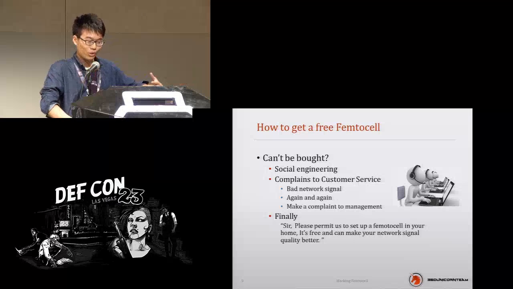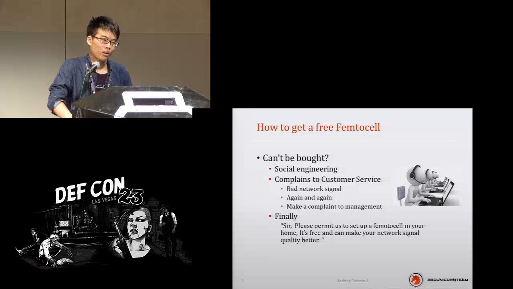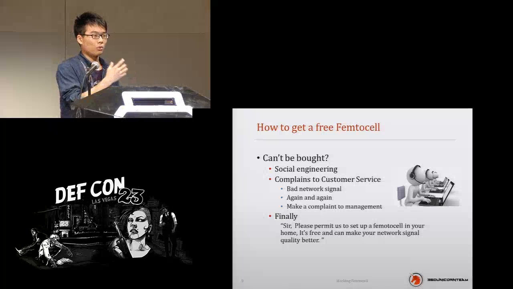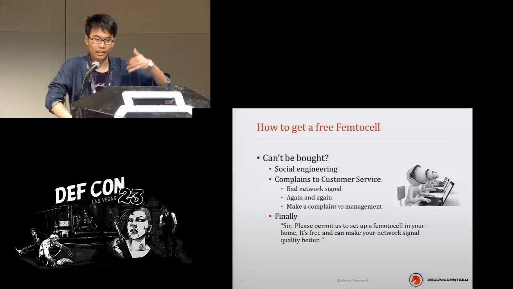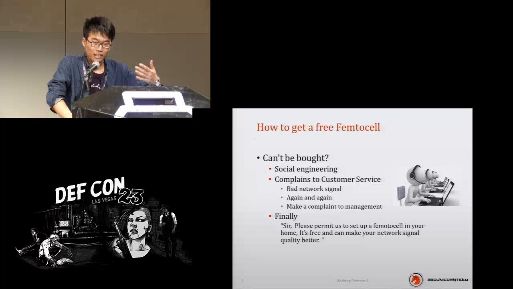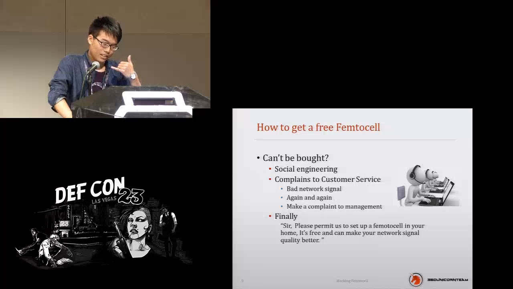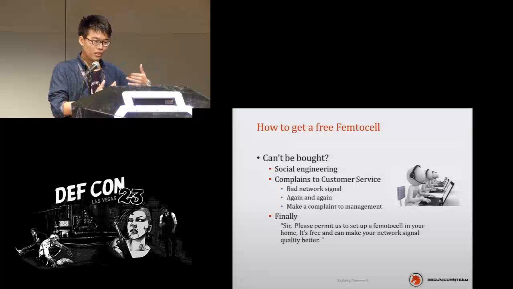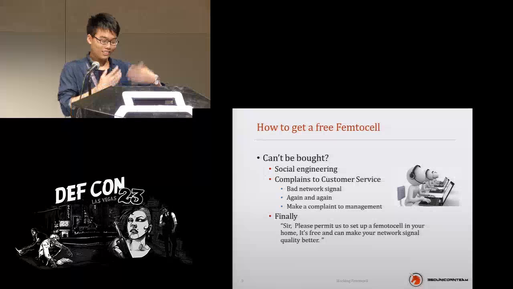So we can't buy one. Let's just use some social engineering. In China, if your home has bad signal, you can make a phone call and complain to customer service. You tell them, hi ma'am, I just can't make a phone call out in my home. So what's going on? And they will say, sir, maybe you can turn off your phone and on again.